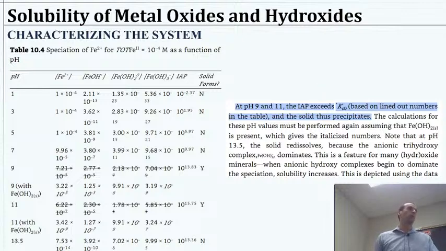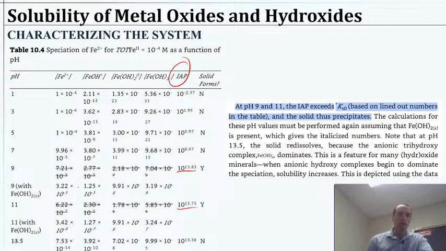So we know we had a case where we should be precipitating stuff. If we calculate the IAP for every spot here and compare it with our known solubility product, that's where we found trouble on these two cases, pH 9 and pH 11.